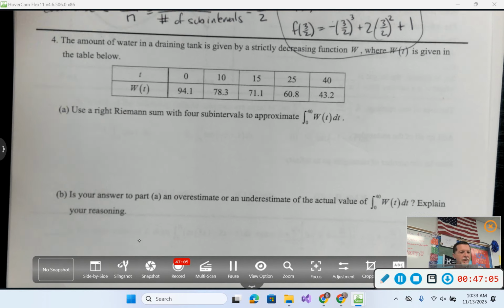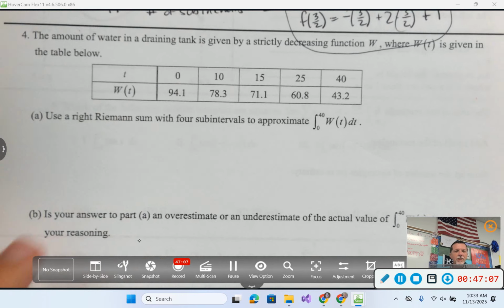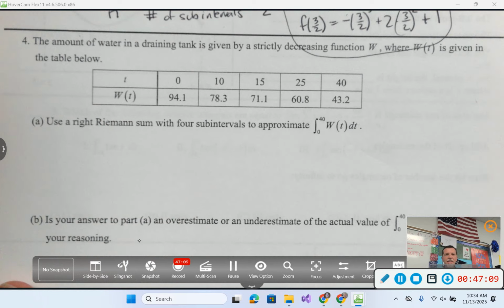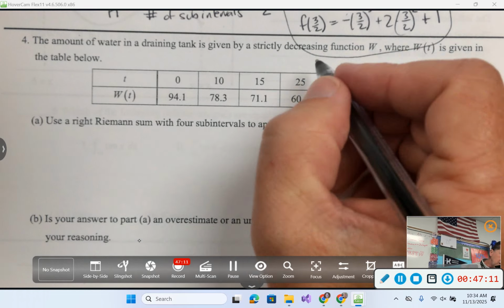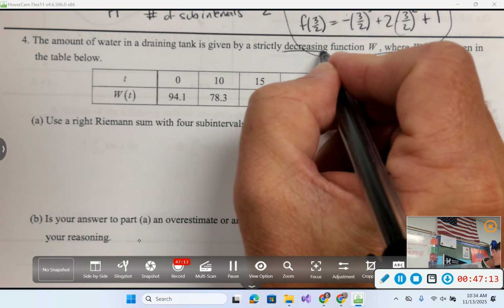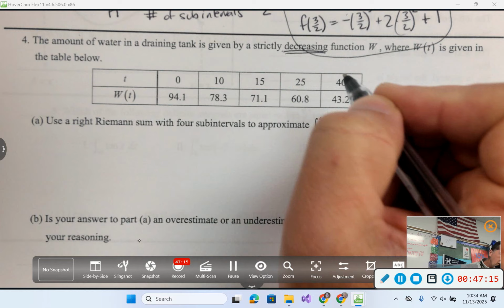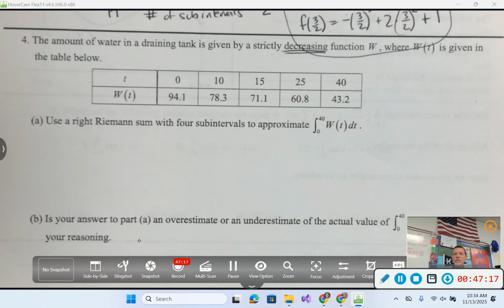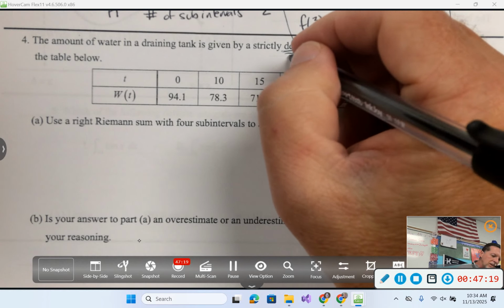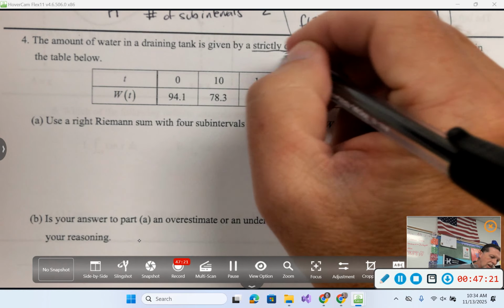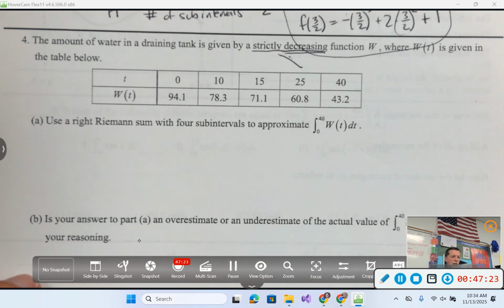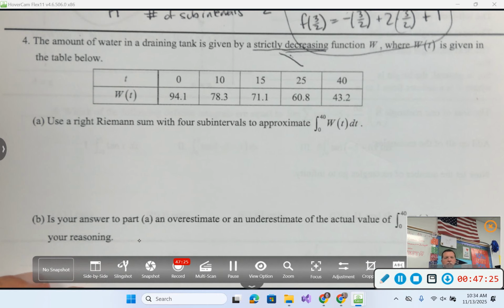Number 4, and final. The amount of water in a draining tank is given by a strictly decreasing function. Strictly decreasing means that it never levels off. It's always decreasing. All right, we're back to a table, so that's nice.